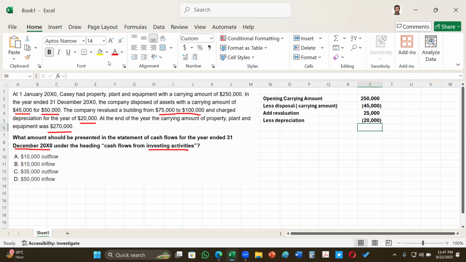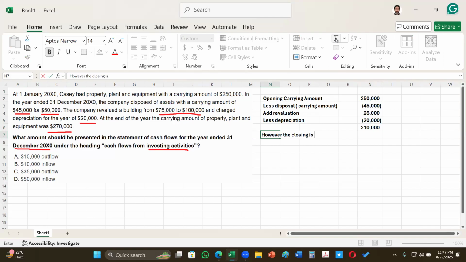So first of all, let's see the value that we have calculated. The starting value was 250. We sold an asset, we revalued an asset, and we did the depreciation, and it's 210. However, the closing is a higher value, which is 270,000.